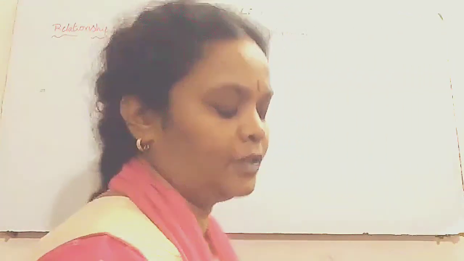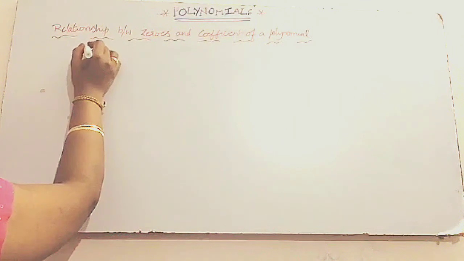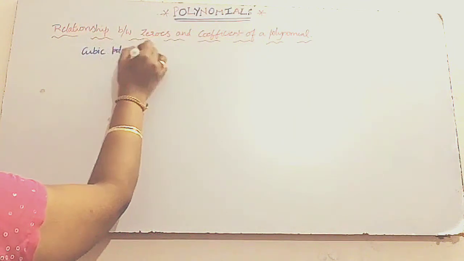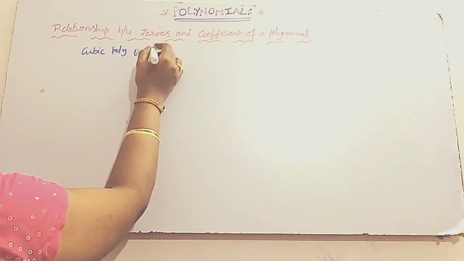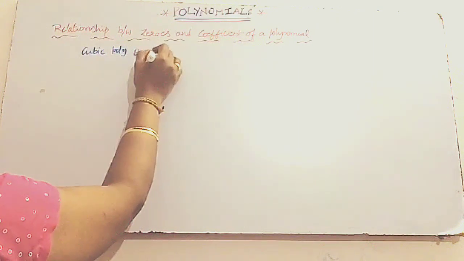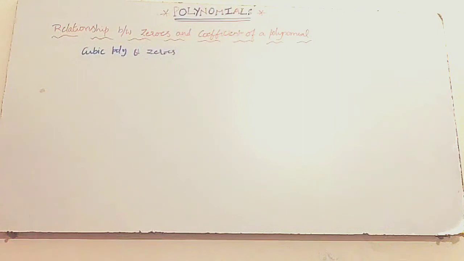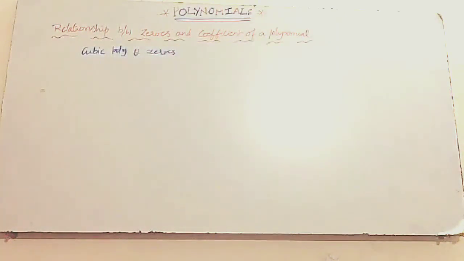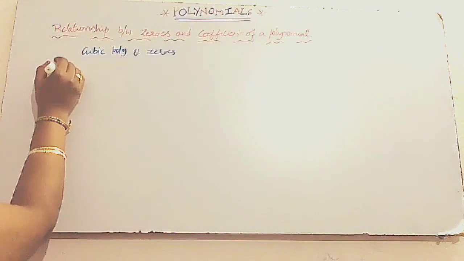And next we will discuss about relationship between cubic polynomial and zeros. Now we will discuss about cubic polynomial and zeros of the polynomial. Now I will take an example.